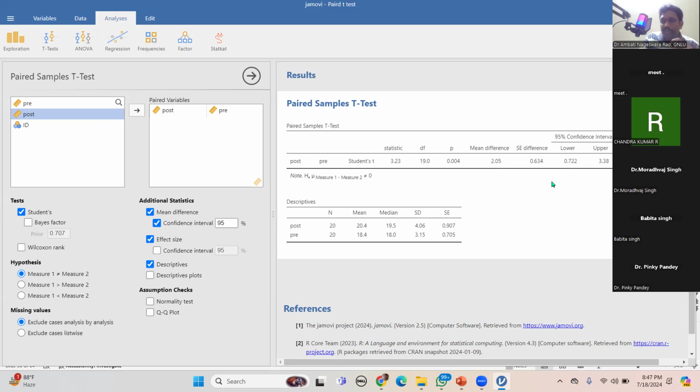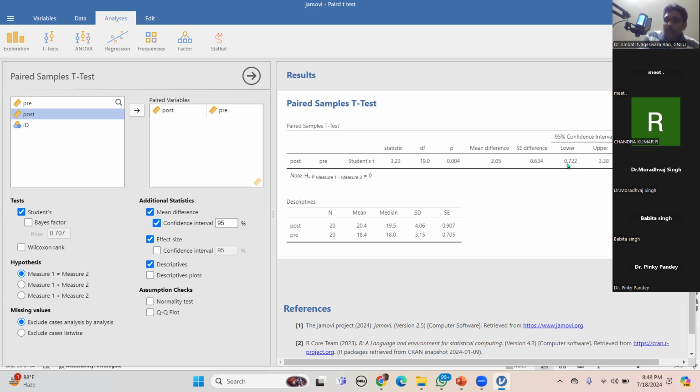I hope I'm able to convey the message properly. There are 20 faculty members who attended the intervention program. The outcome of the intervention is that they got an average 2.05 mean difference between pre and post. But there are also a couple of candidates who got only 0.7 instead of 2.